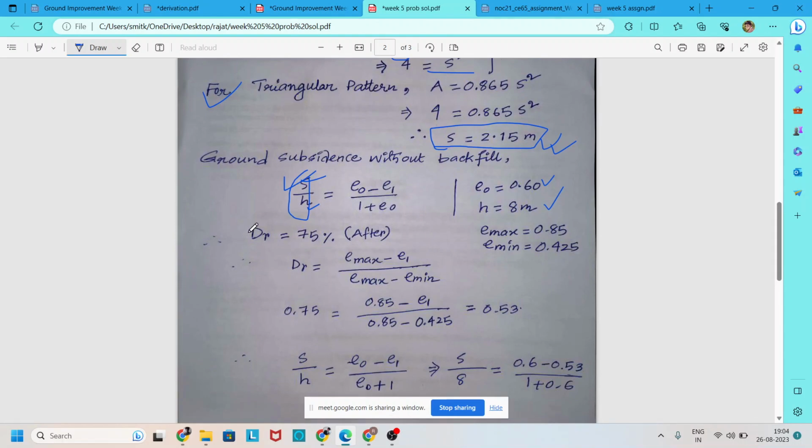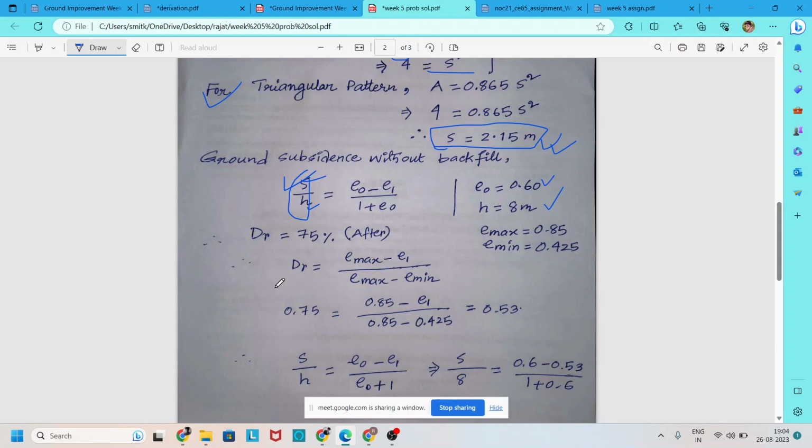For that we apply the relative compaction formula. The relative density is equal to (e max minus e1), that is the void ratio after the compaction, divided by (e max minus e min), that is the maximum void ratio and minimum void ratio.